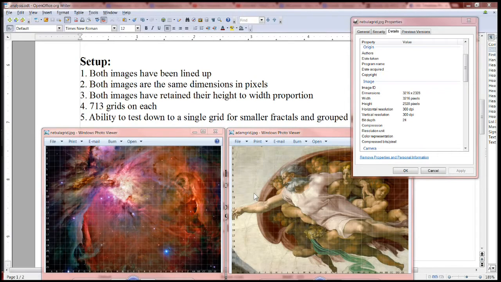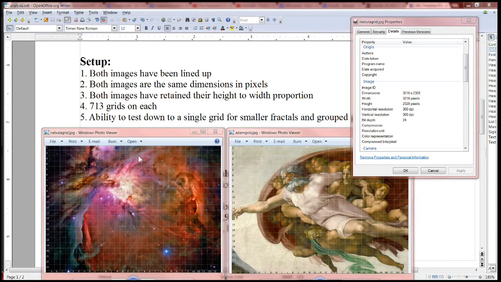But to establish what was done to ensure integrity, both images have the exact same dimensions of 3216 by 2328. Both of the images have retained their height to width proportion. In other words, neither of the images was stretched lengthwise or widthwise. In both instances, they have remained their original rotation and original height to width proportion.